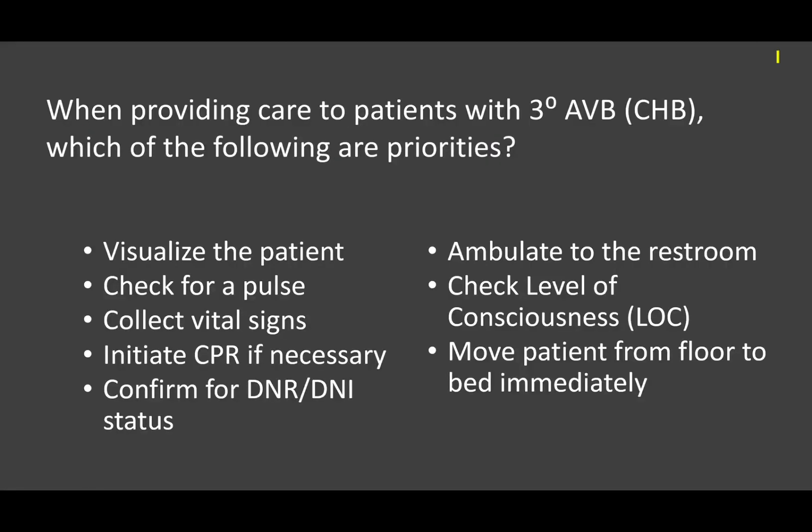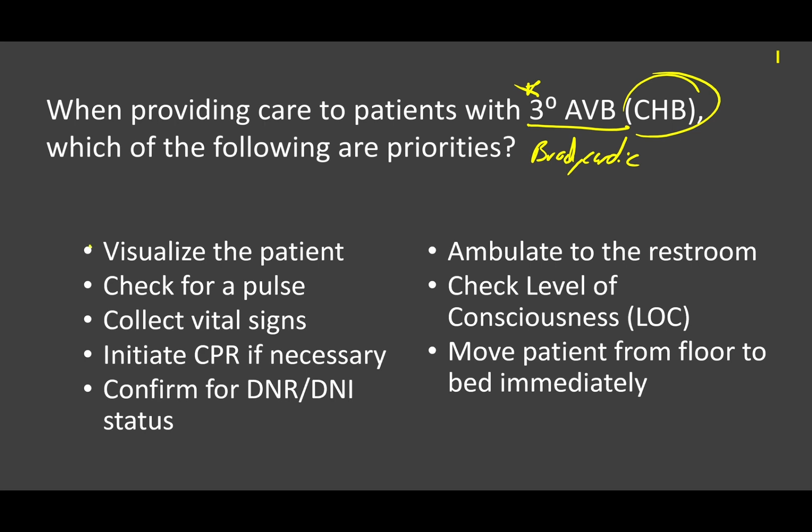When providing care to patients with third degree AVB, also known as complete heart block, which of the following are priorities? So this is a question of you have a bradycardic patient, and this is one of those potentially lethal arrhythmias. What are you going to do when you care for this patient?